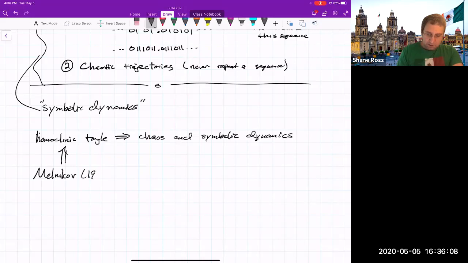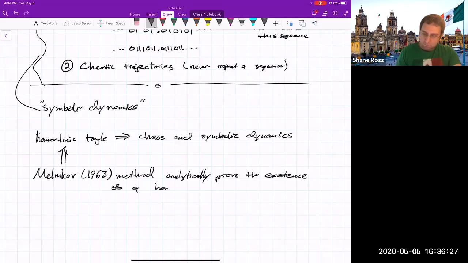This is called the Melnikov method, and I think it's from 1963. So the Melnikov method can analytically prove the existence of a homoclinic tangle. And if you could prove that there's a homoclinic tangle, then you could prove that there's chaos in symbolic dynamics.